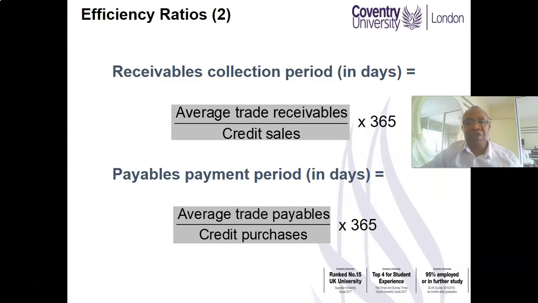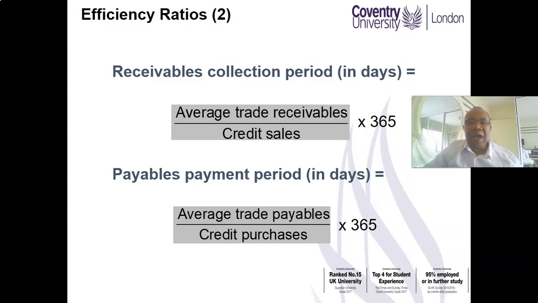And of course, you can use the sales or turnover figure instead of credit sales if you don't have credit sales. And if you wanted to calculate this per week, the collection period in weeks, you will multiply that by 52, and by 12 if you're calculating it in months.